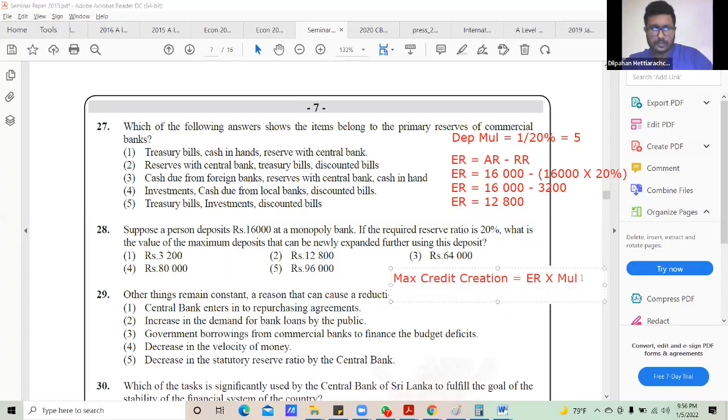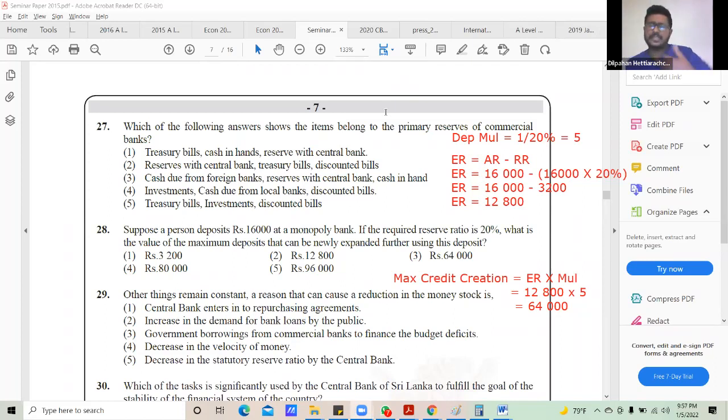So excess reserve, how much? 12,800 into deposit multiplier 5, and you can get the answer. 64,000 is the answer. Yes. So most of the people are correct. They gave me the answer as the third one. Third one is the correct answer. Right. Well done. This time most of the people gave me the correct answer.